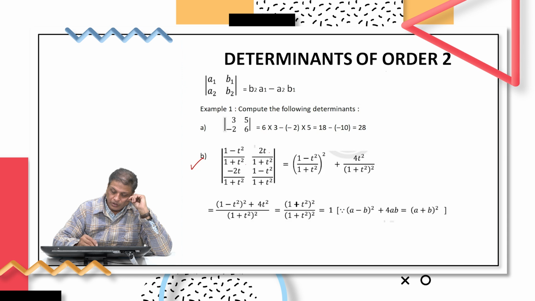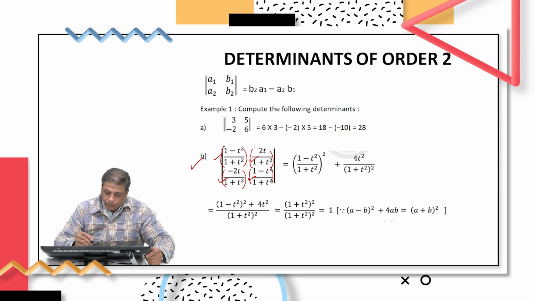These are independent expressions. Now we can directly say that this is A1, this is B1, this is A2, and this is B2. Again what we are supposed to do? Remember, B2 A1 minus A2 B1 is to be solved.